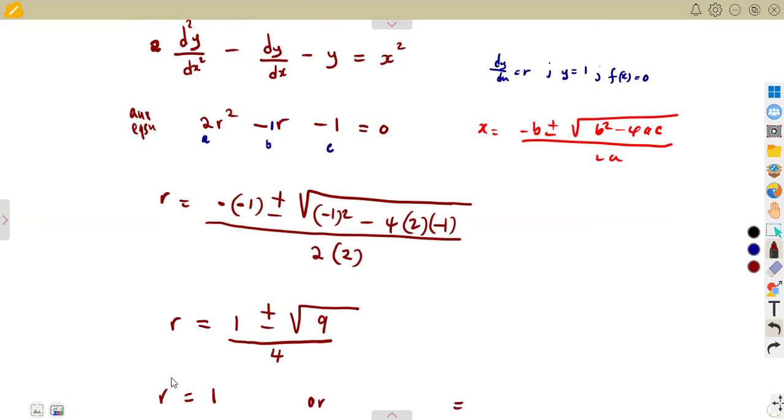So like I said, the second one with a negative will be a negative half. So this is what you're going to have at the end. This is something that you're supposed to be very, very watchful of.